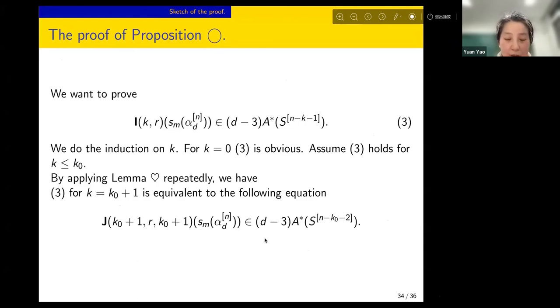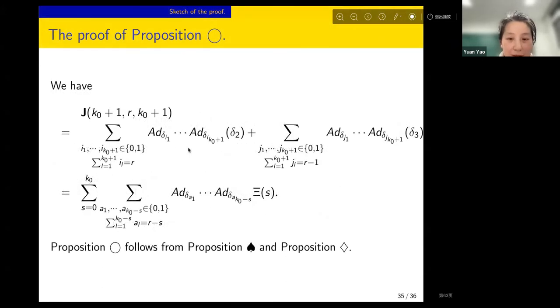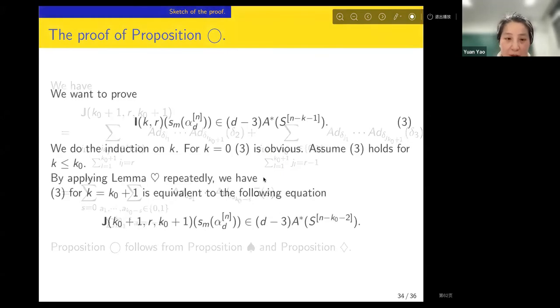So we prove this equation, and we write it down. By definition, we have this, and we have this chi-s, this X_s. X_s is what we like; we said X_s is a very good operator.